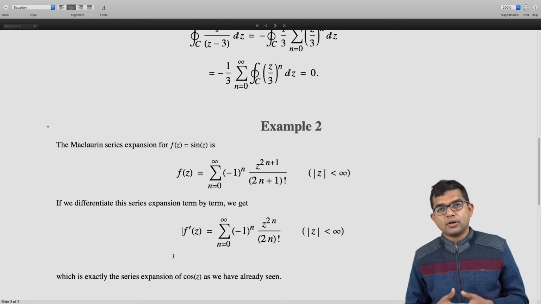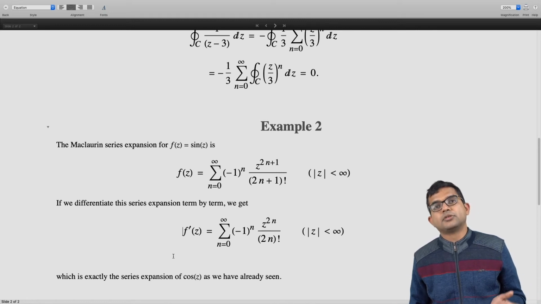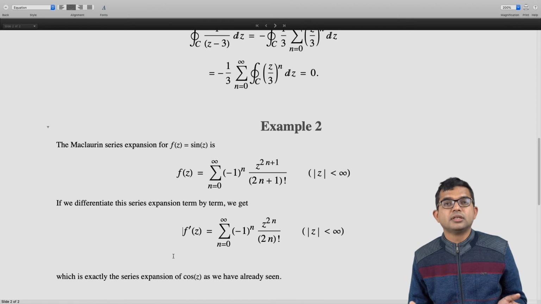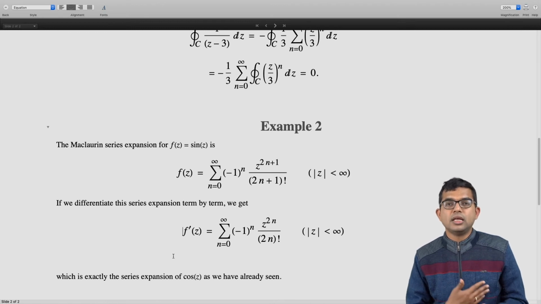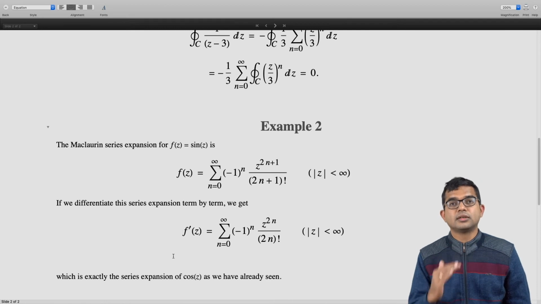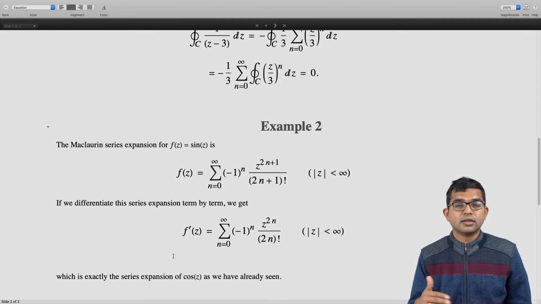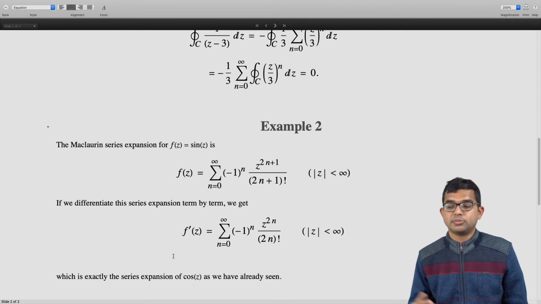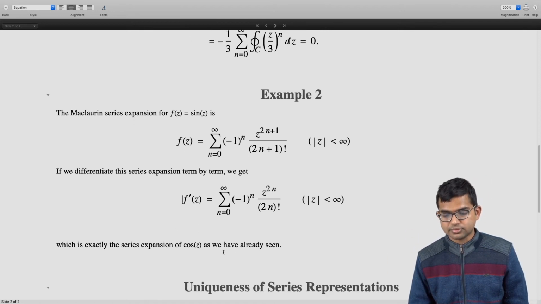So if you have a Taylor series expansion for an analytic function and it's convergent in some region of convergence, then you have the liberty to take the derivative of this function and then take the derivative of the series expansion term by term, and that will correspond to the series expansion for the derivative.